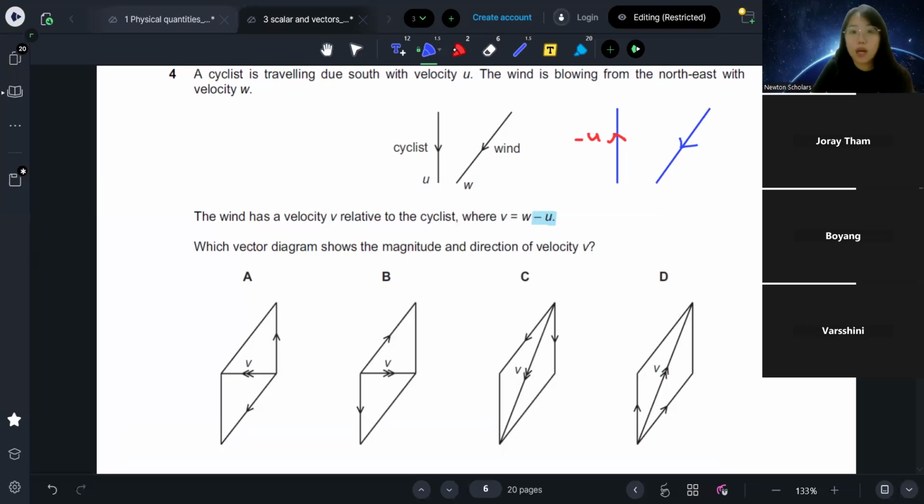It will be tail to tail. So this is the tail, this is the tail. At here, I will draw like this, and the tail we join.